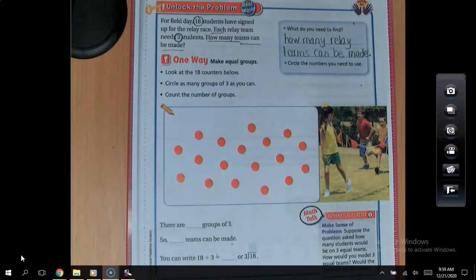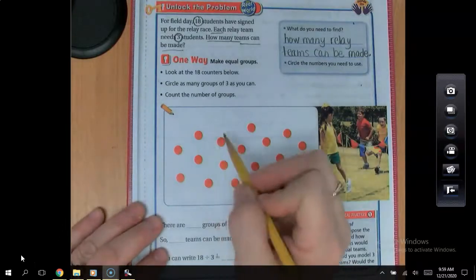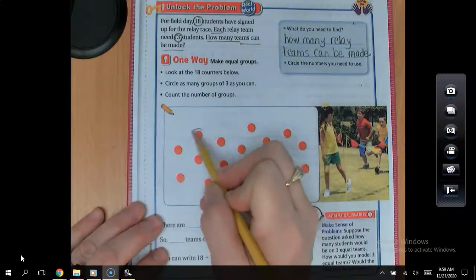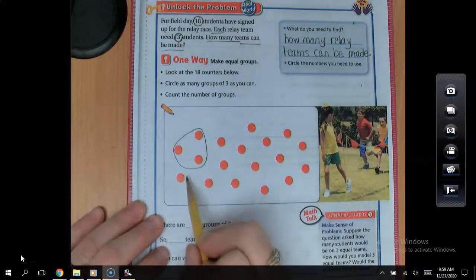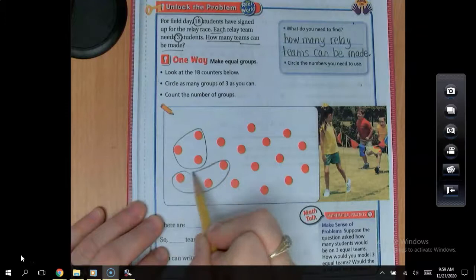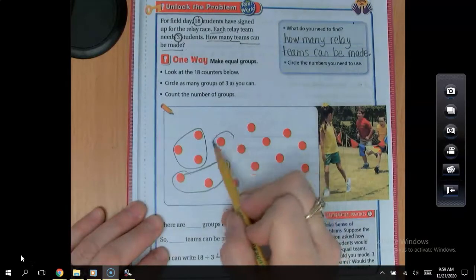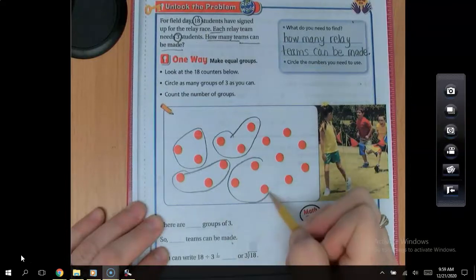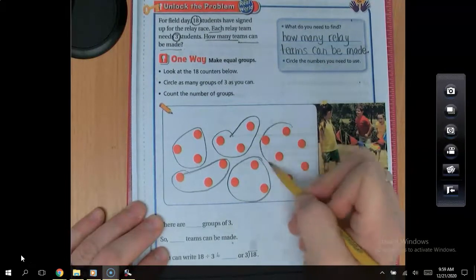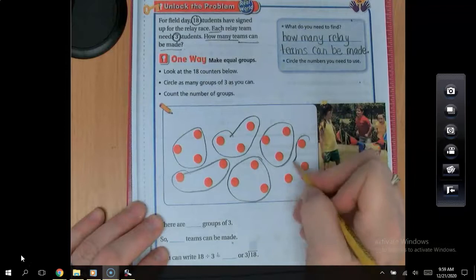So you're going to put these counters in groups of 3. For instance, I have 1, 2, 3. So I'm going to make a circle. Okay, 1, 2, 3, there's another one. Go ahead and make your groups of 3.